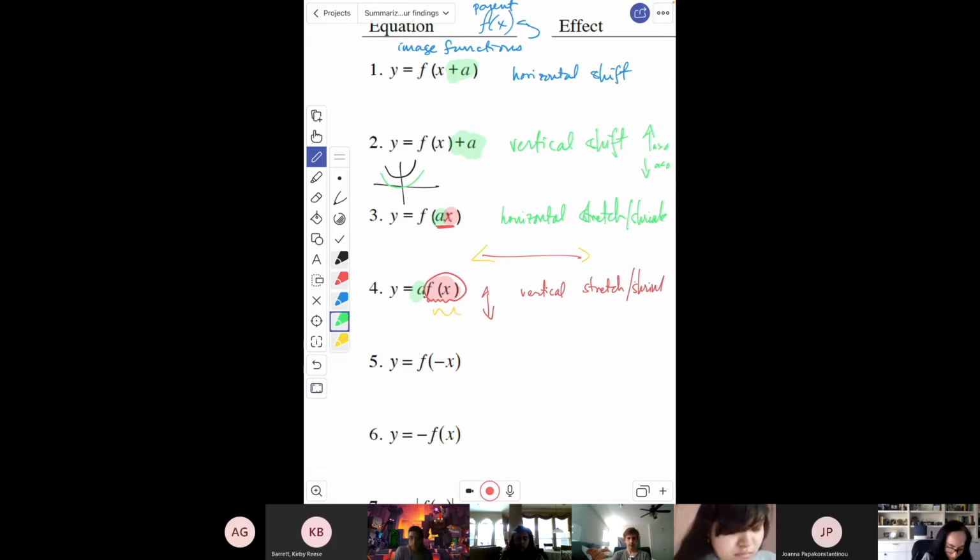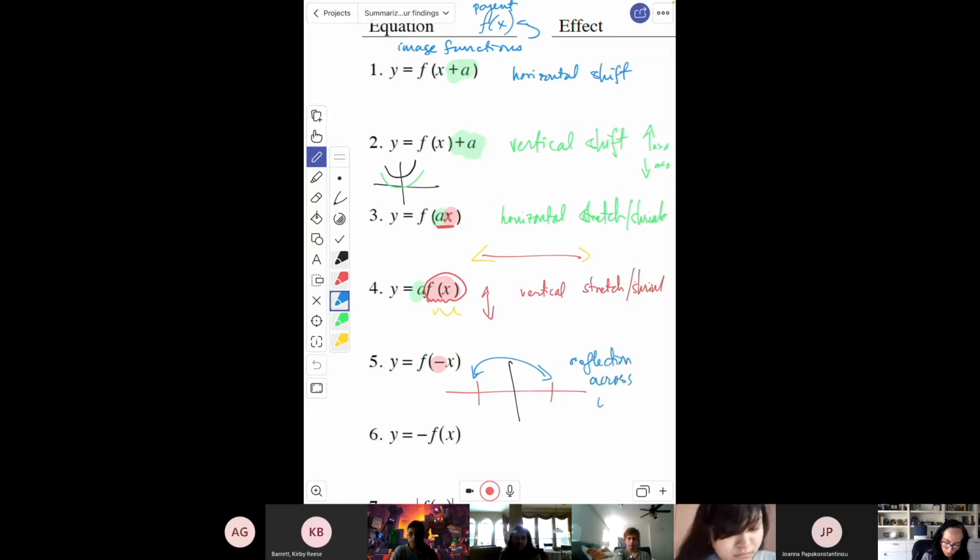Now, do we remember what happens when we take the opposite of our x values? What type of transformation is that? Reflection over the y-axis. Beautiful, Christopher, beautiful. It is a reflection across the y-axis.